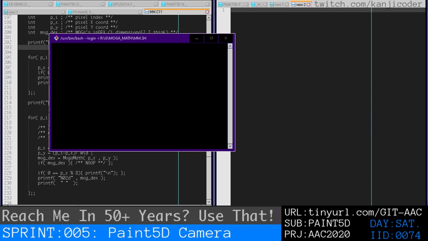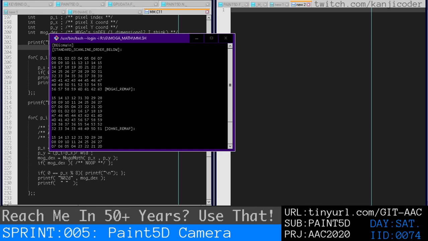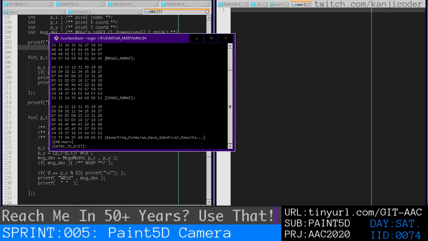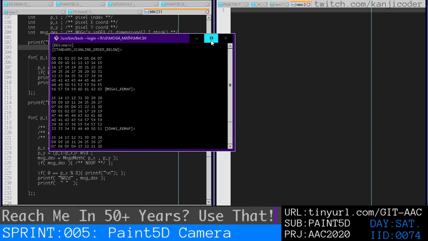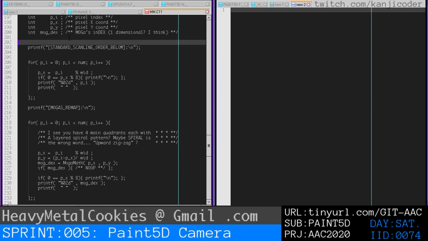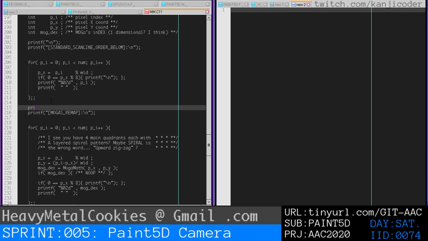Let's do it case by case to kind of get this working. So, standard scanline order below. Okay, this needs... Let's do 2 \n to make it... Alright, let's do 3.